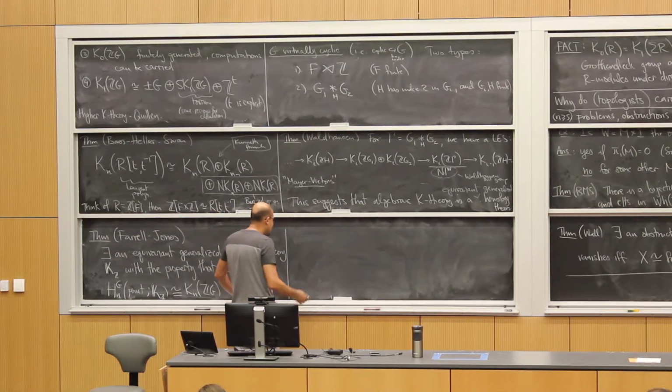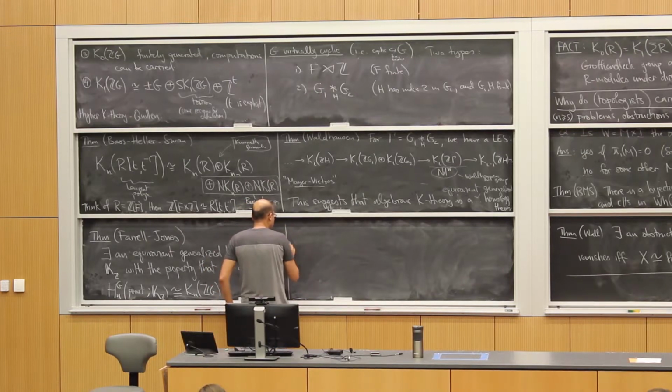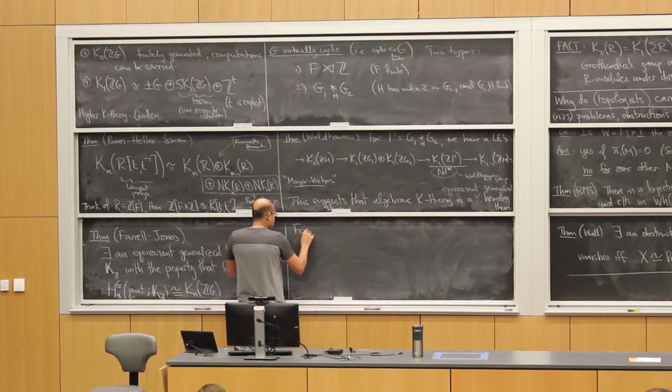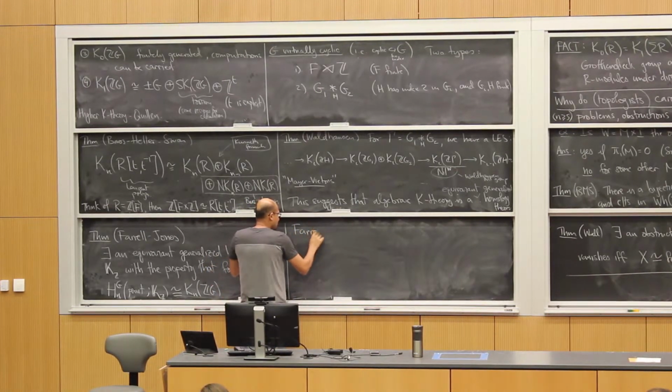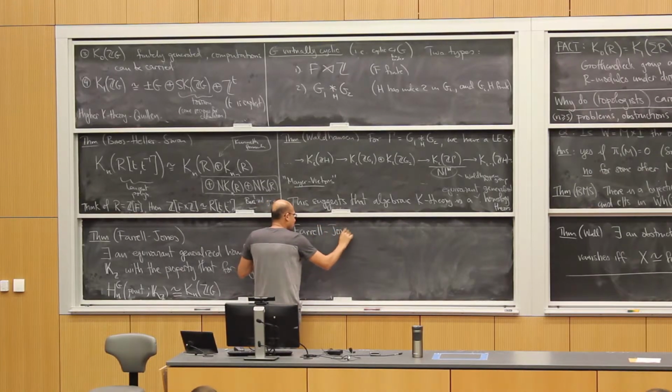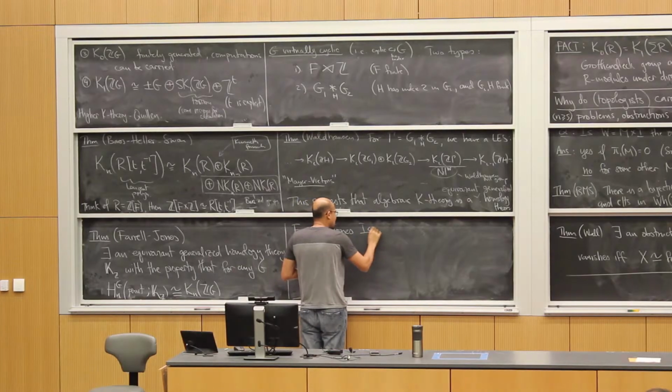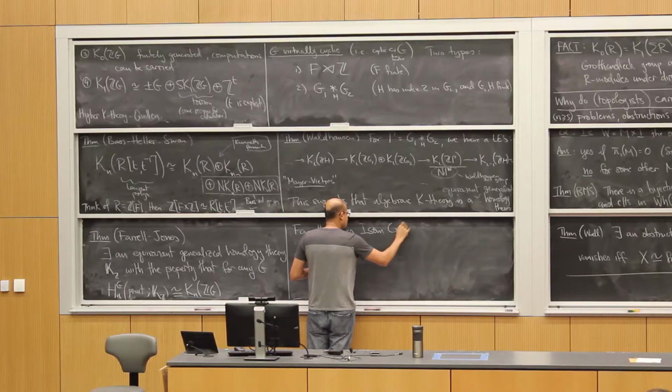So here's the Farrell-Jones isomorphism conjecture. I'll give you the informal version first.